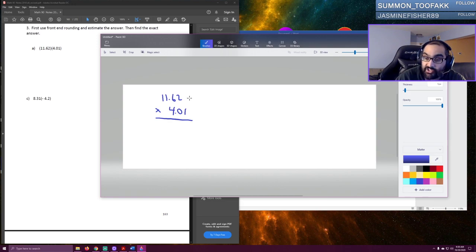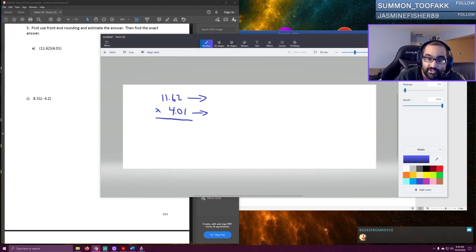Again, we need to count how many decimal places there are in each individual number. So, can anybody tell me how many decimal places there are in the first number that we see here, 11.62?